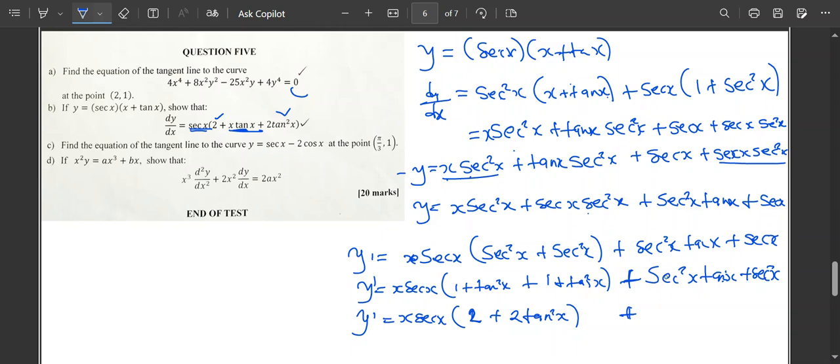So sec squared x is the same as 1 plus tan squared x, then here I have tan x, then plus sec squared x.